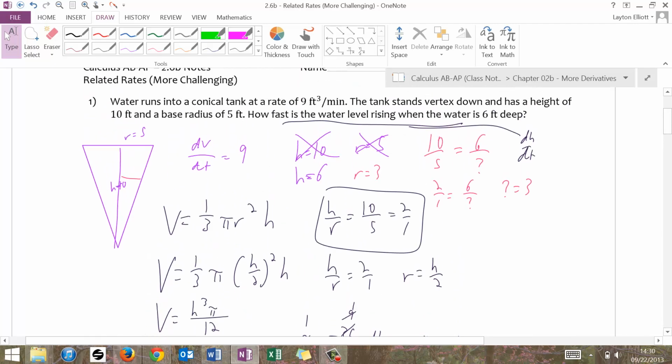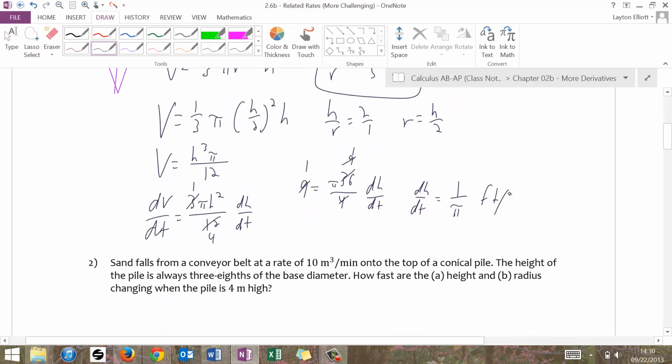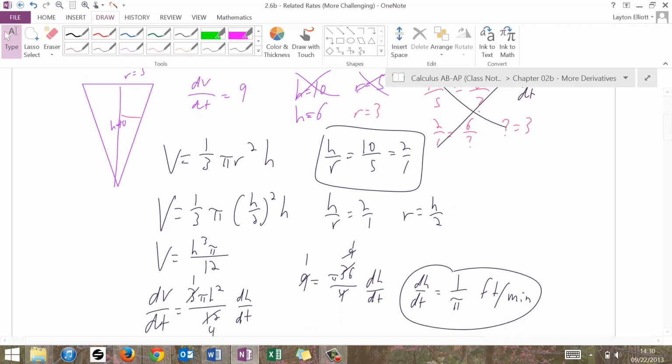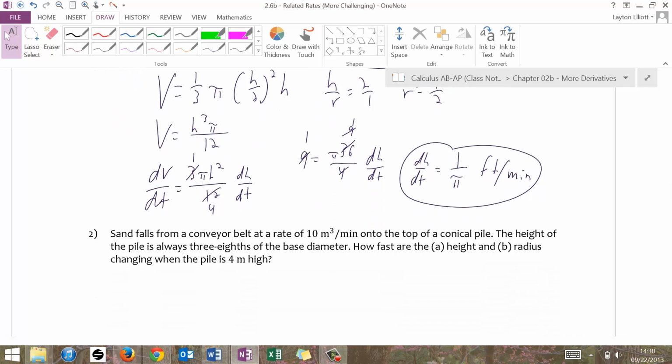If I put the units down, it's feet per minute. Done. So I guess this whole thing with the similar triangles was unnecessary here, but it's going to be necessary later on, so it's good to see it.